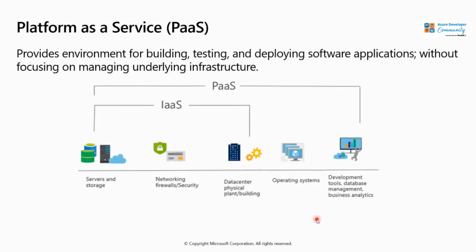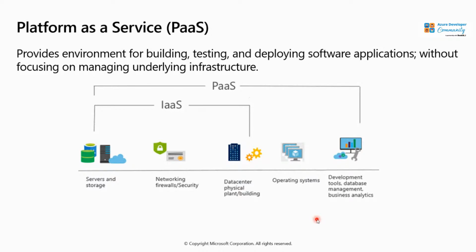Platform as a service provides an environment for you to build, test and deploy any kind of applications. Apart from infrastructure as a service, you are getting some additional features. Along with, let us say, a virtual machine, you get an operating system on it, which basically gives you an app service.